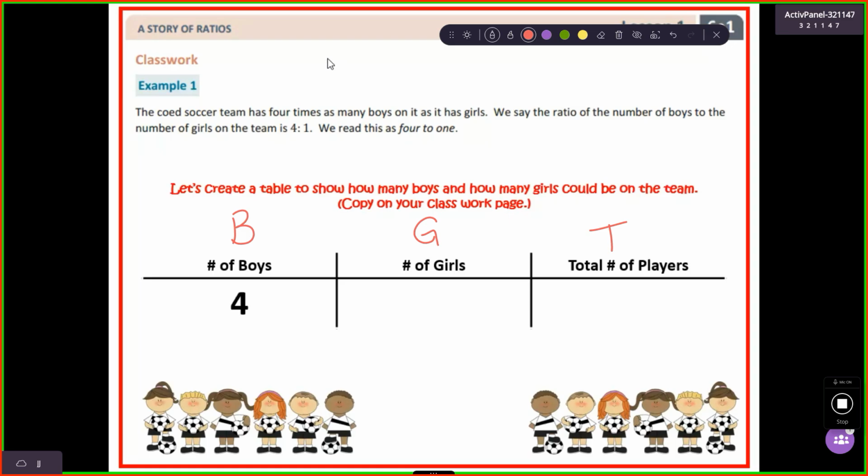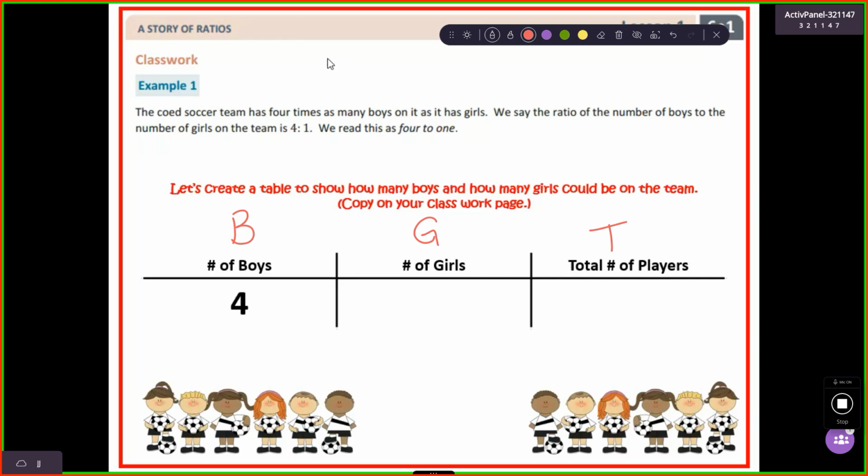Raise your hand if you do not see where you're supposed to be drawing this. Okay, so I'm going to go to the next slide now that you know what we're supposed to be writing.